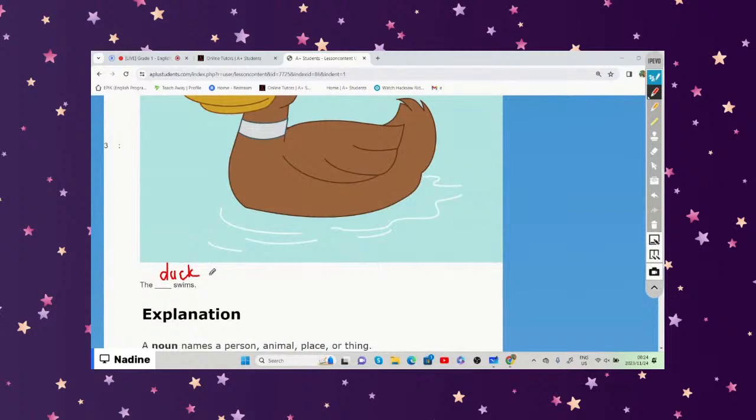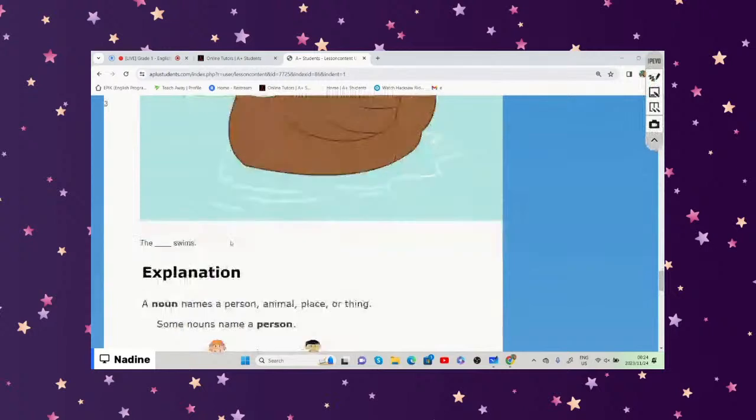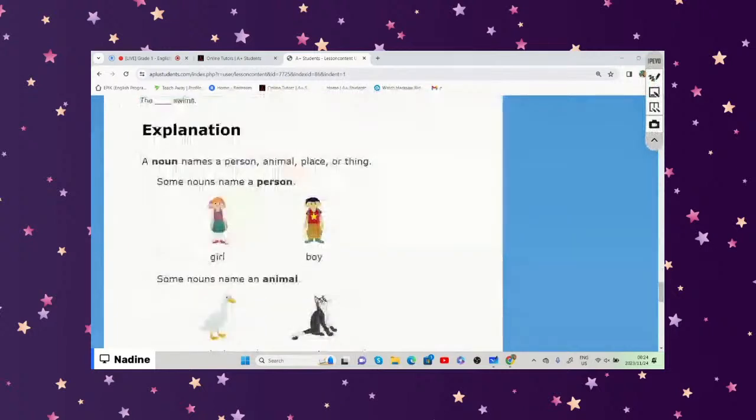So the duck swims. The duck names an animal.